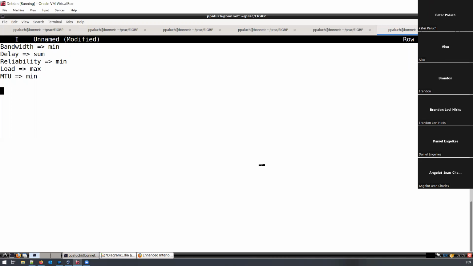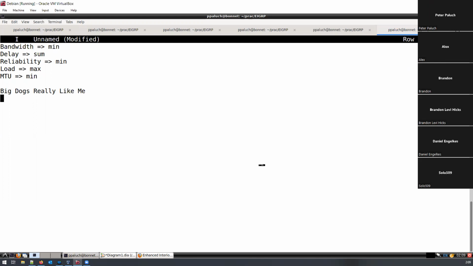I've heard once a nice way of remembering these 5 parameters or these 5 metrics, and it's this one: big dogs really like me. Big dogs really like me. So bandwidth, delay, reliability, load, and MTU.